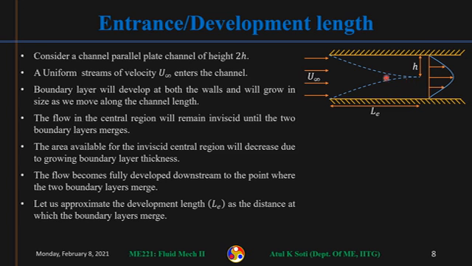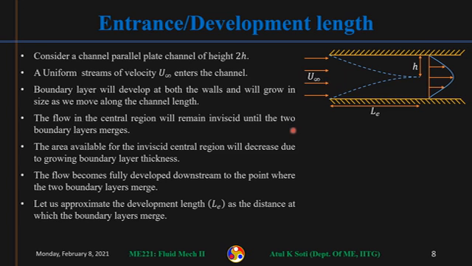So the area available for the inviscid region will keep on decreasing as you move along. From the inviscid flow point of view, as area is decreasing, that inviscid core will accelerate. A1v1 is equal to A2v2. So the central core will accelerate.